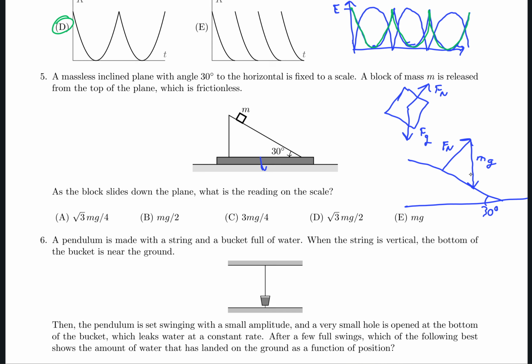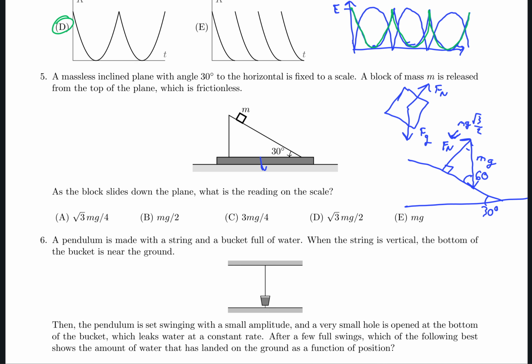Now we can solve this. We know that this is 60 degrees, this is 90, this is 30, and mg. Trigonometry: mg over 2 is here, and F_N is equal to mg root 3 over 2. So that's part 1 of the problem.